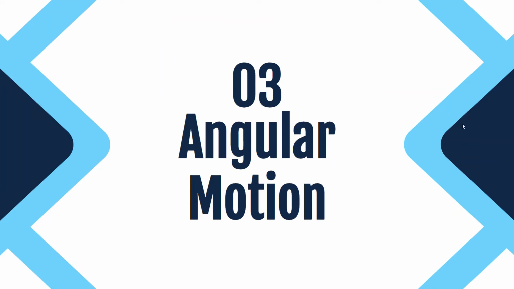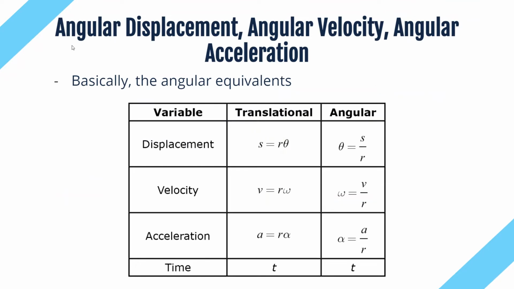So finally, we have 3 slides on angular motion. So normally we've been talking about moving in straight lines or on planes. Angular motion is what happens when you move around in circles, which is very, very similar, actually, more similar than you might think. So similar to how we have normal displacement, normal velocity, and normal acceleration, we also have angular displacement, angular velocity, and angular acceleration.